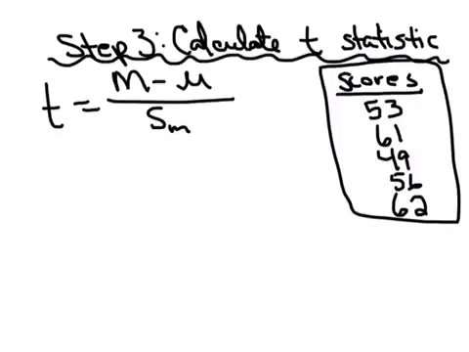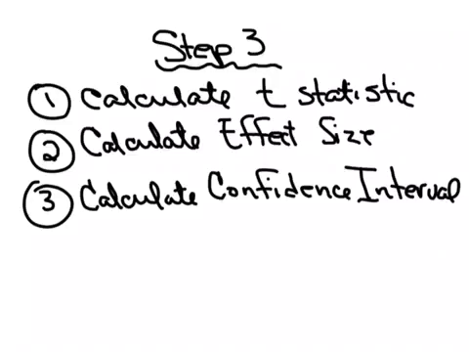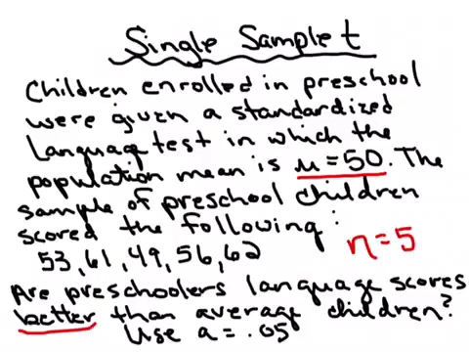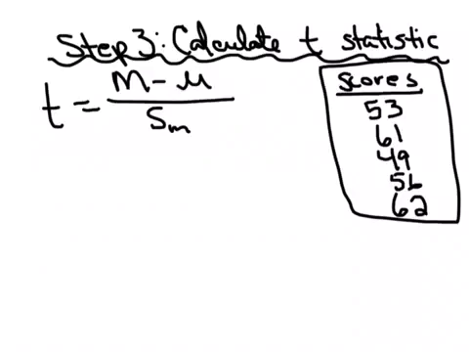If you remember, going all the way back to the very beginning, our population mean was 50. So we can go back to our steps here, and we know mu equals 50, right? We're going to have to start from scratch. We have a raw data set.